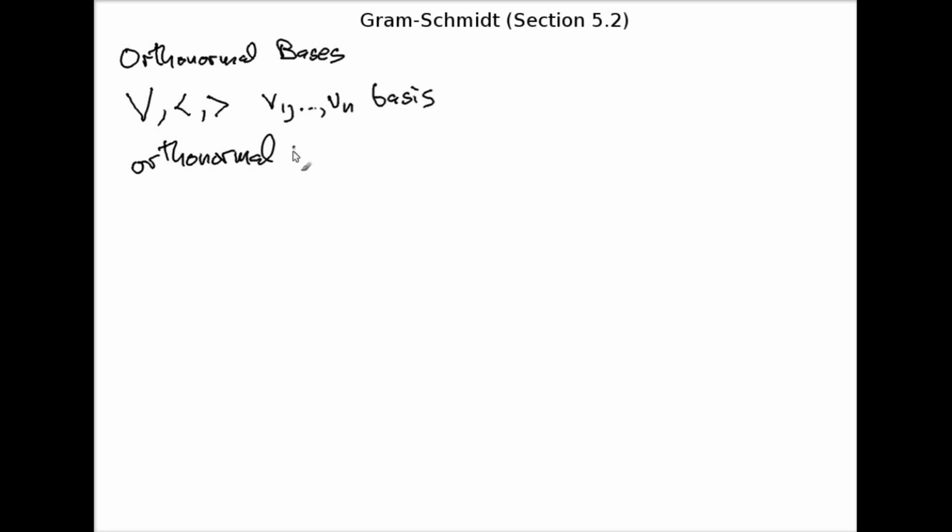So let me remind you what an orthonormal basis is. You have a vector space V and an inner product and a basis. You say that the basis is orthonormal if the Vi's are orthogonal, if i is not equal to j, and the length of each Vi is equal to 1.